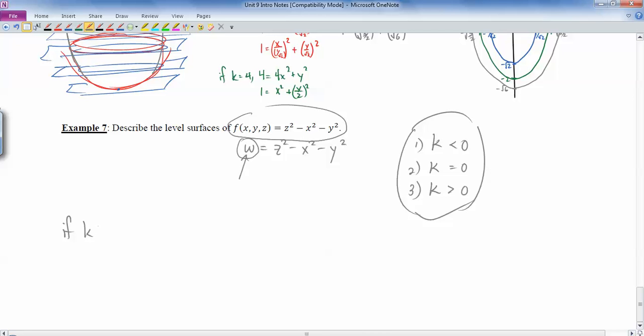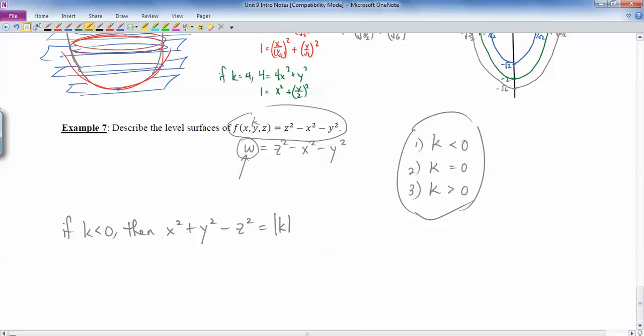If k is less than 0, then we get x squared plus y squared minus z squared equals the absolute value of k. You can kind of think about that a little bit if you want to. Basically, you plug in the k here, and then multiply both sides by -1. Okay.